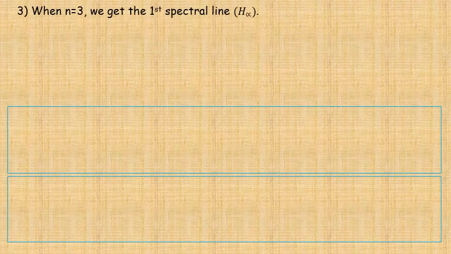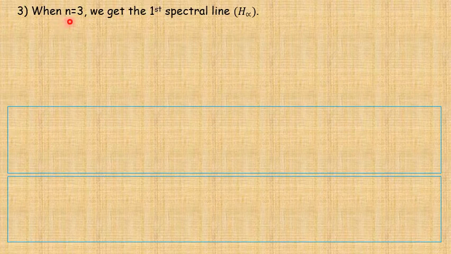Now in this note number 3, we have explanation for the value of n. When n equal 3, we get the first spectral line, which is called H alpha. I mean by n equal 3, that means according to the Balmer equation, we explained it before.